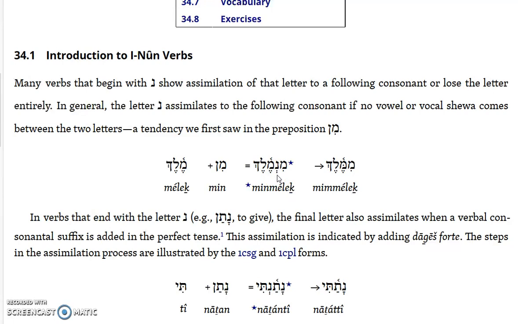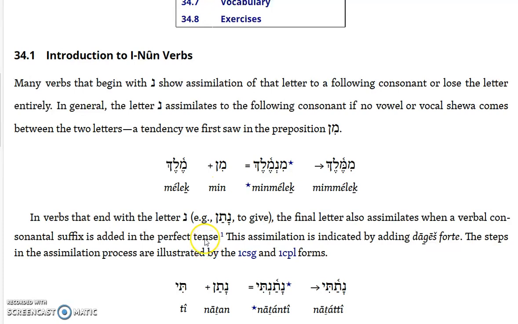Then the noon will, chameleon-type fashion, become just like the mem, become a mem. So instead of min melek, you get mimmelek with two M's, and then why write it twice? We can write it once and just put a dot in it, and so you end up with the form mimmelek. And this is a case where the noon has assimilated into the word that follows.